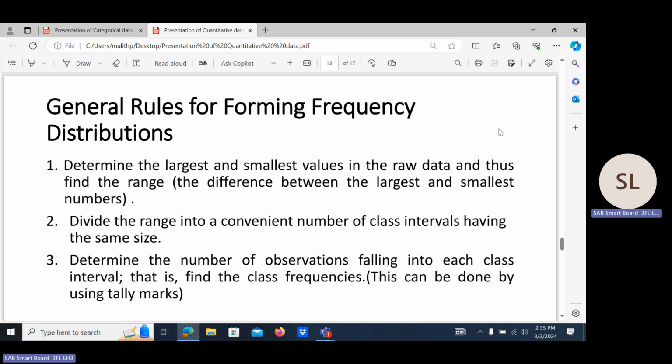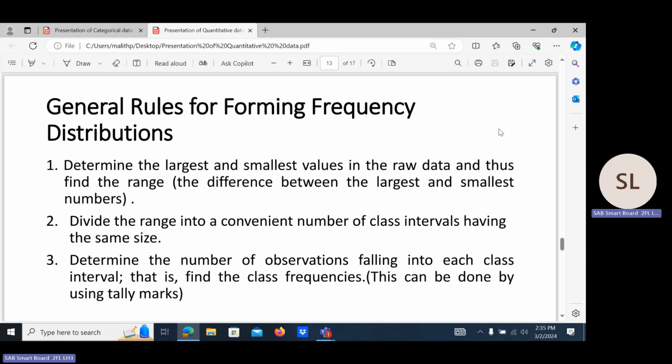Then we move into the general rules of forming a frequency distribution. Think we have a raw data set, and we need to construct a grouped frequency distribution. The first step is to search the raw data set and identify the smallest value and the largest value.